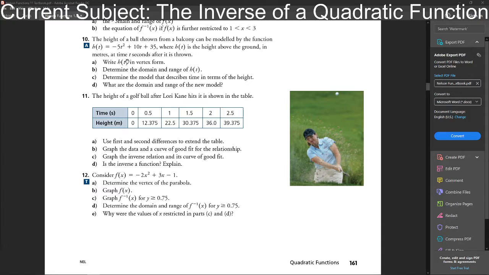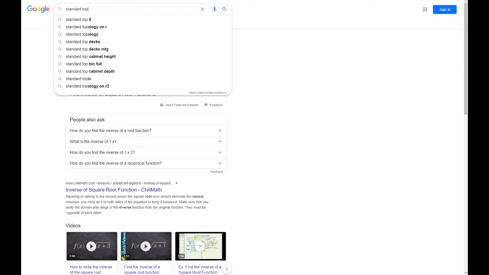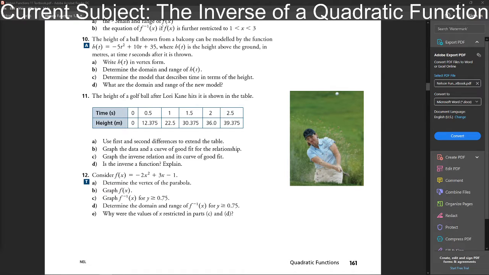So this is in standard form right now. Standard to quadratic form. Let's put quadratic into standard.